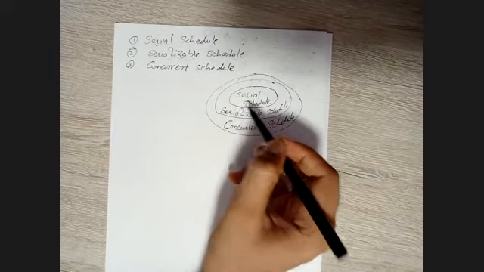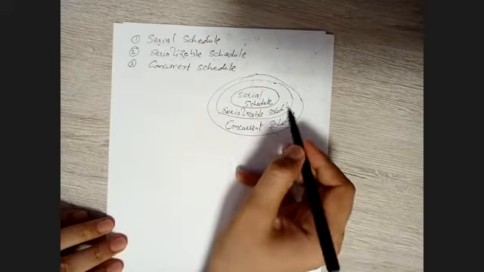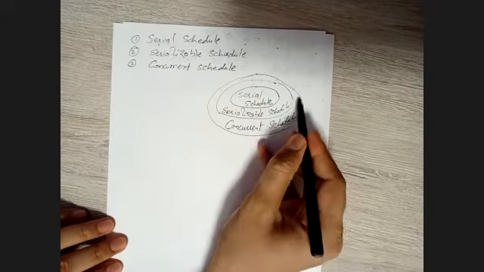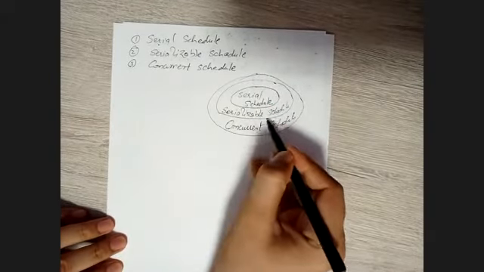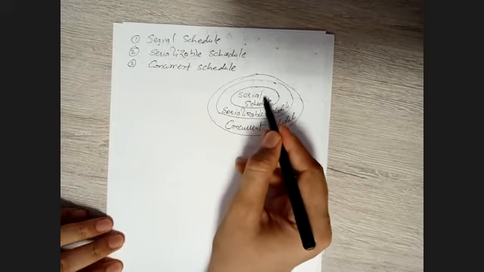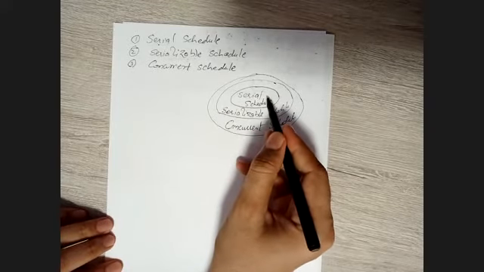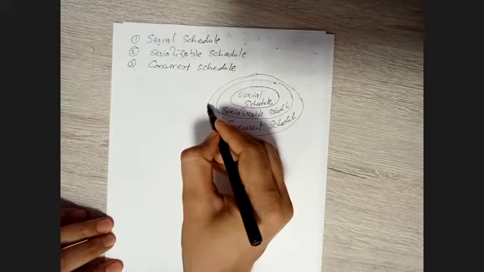In the same way, we have the outer category, that is concurrent schedule. This concurrent schedule contains serializable schedules as well as serial schedules. But there are a few schedules, for example, this one.